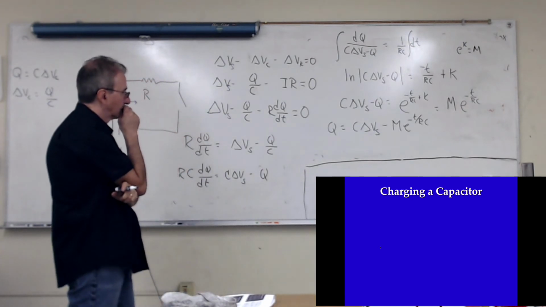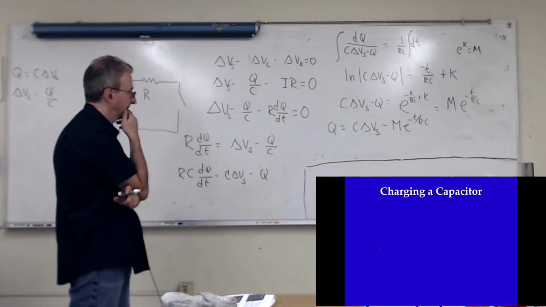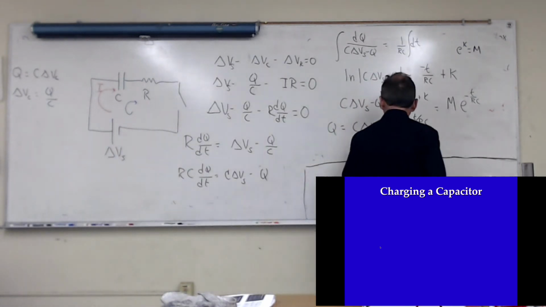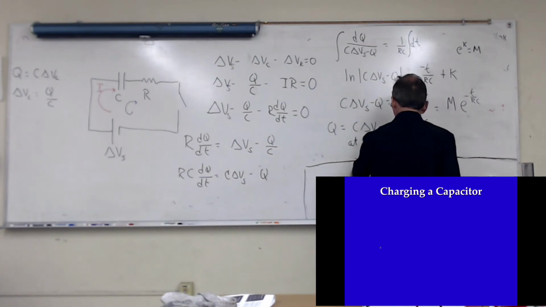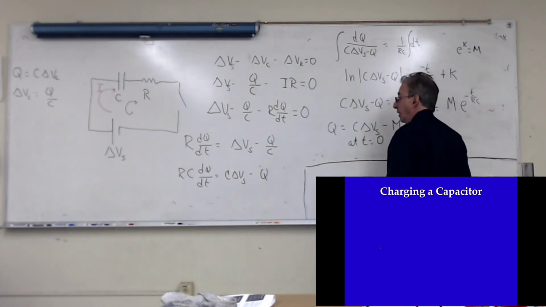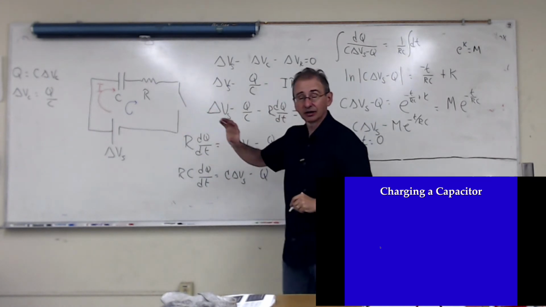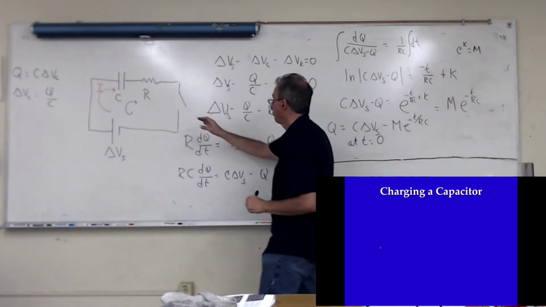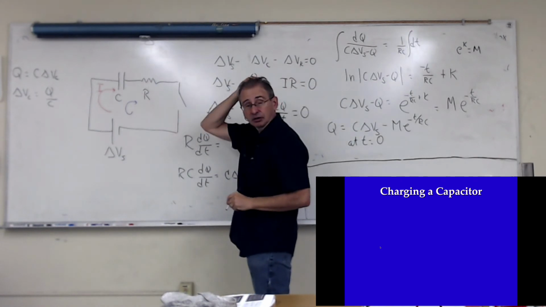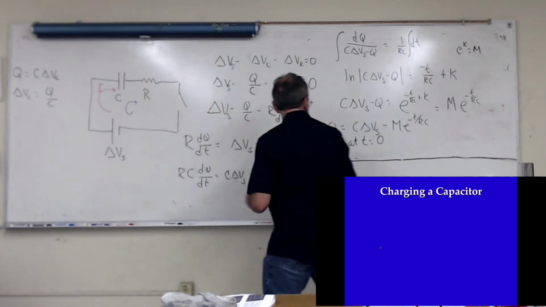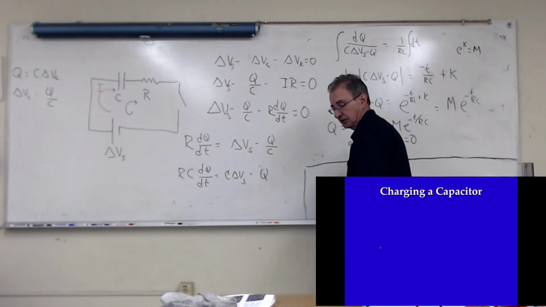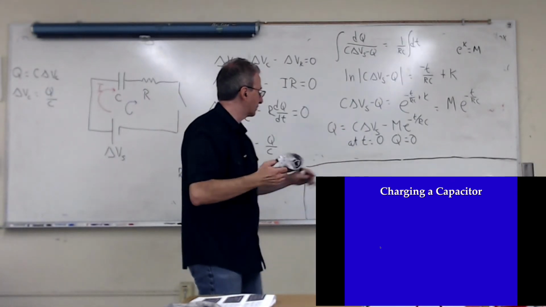Now, I want to figure out what M is. At T equals 0, what's Q? Before I close the switch, how much charge is on the capacitor? 0, right? So Q is 0. If that's the case, let me plug in T equals 0 there.